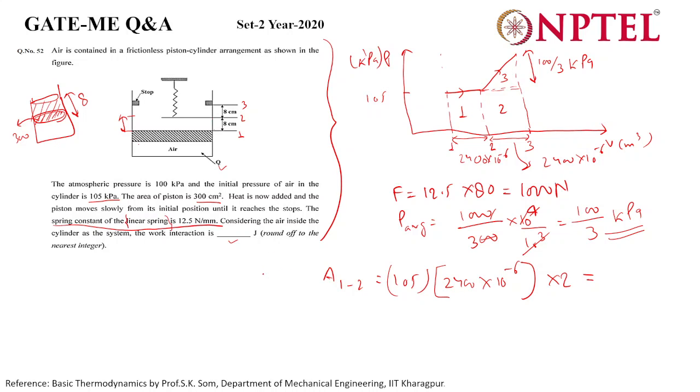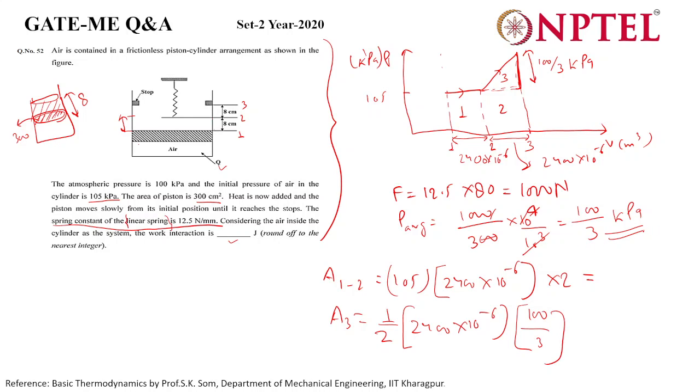So this would be the work done for this to this, and this is simply a triangle, and area of 3 would be 1 by 2. Base would be this only, 2400 into 10 to power minus 6, and the perpendicular would be from here to here, and this we have found, 100 by 3.